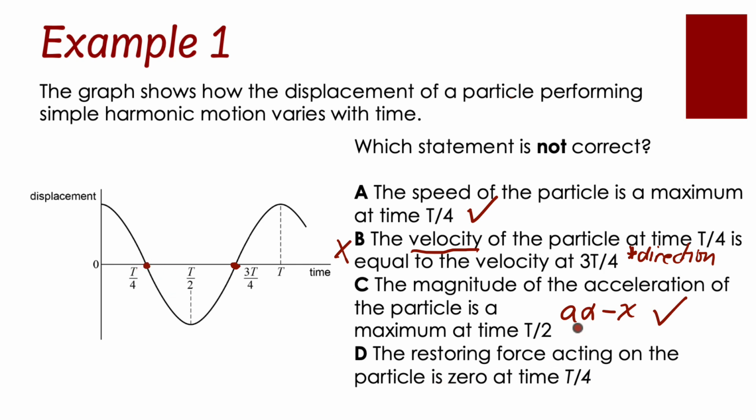And again, if I say acceleration is proportional to the displacement, and F equals ma, I can also say the force is proportional to negative x. Right here, x is 0, so the force is 0. That is true. So which of our statements is not correct? The answer is B.